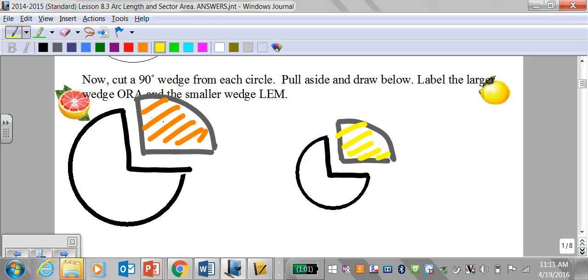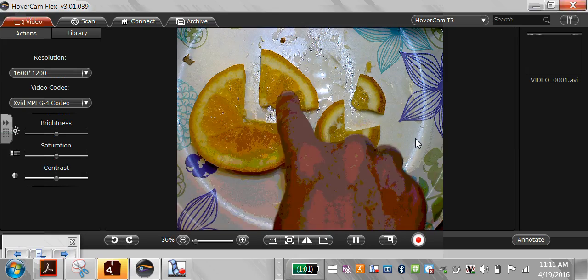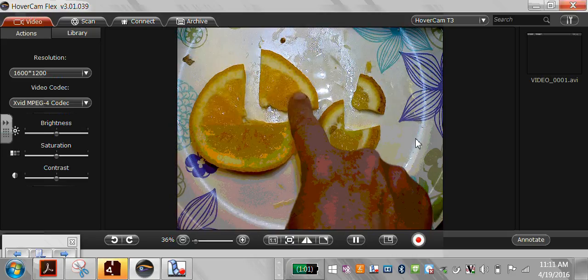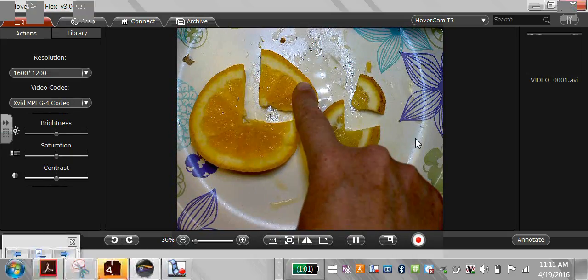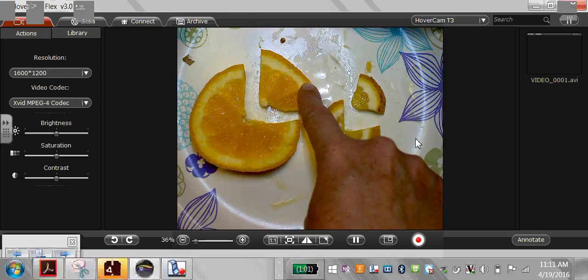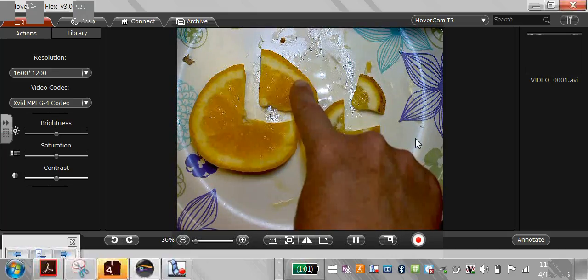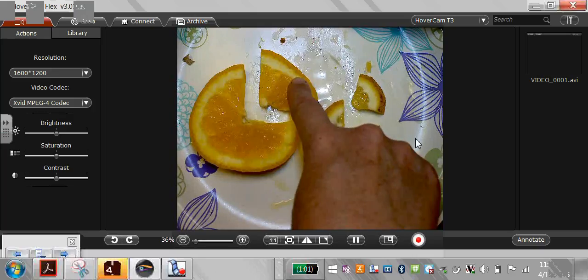Okay? All right. I want everyone to point to one of the wedges. Point to it like I'm physically doing. Okay? Repeat after me. Say, this is sector area. Say it again. This is sector area.